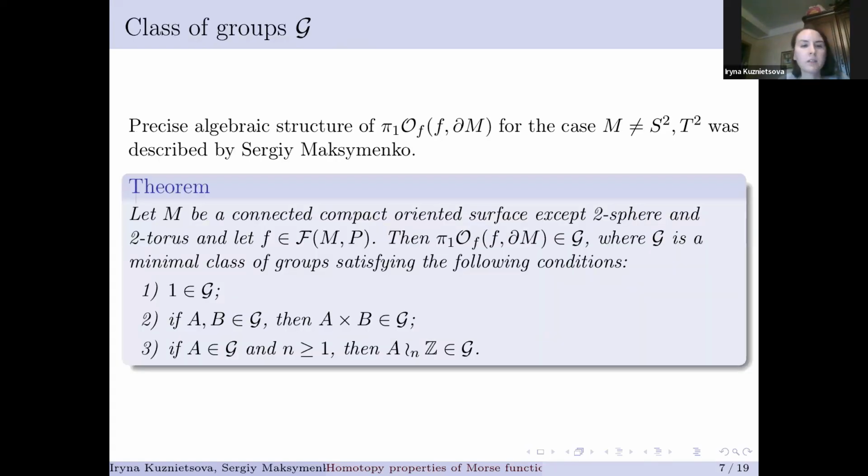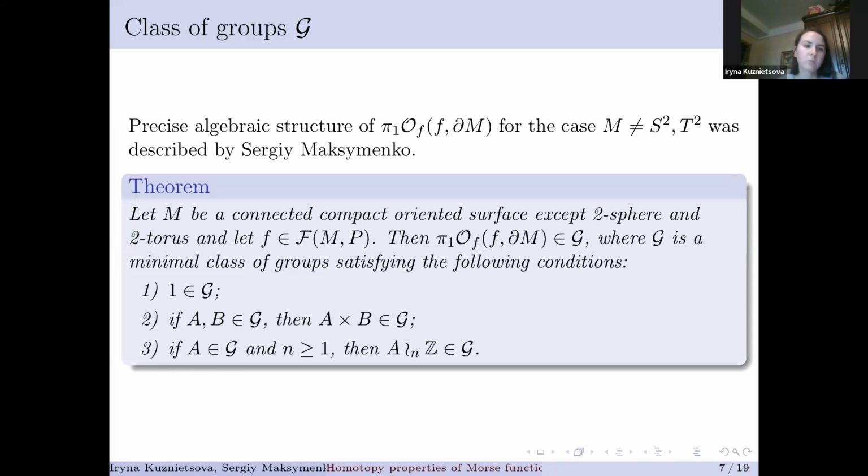So the result obtained by Maximenko was the following: the precise algebraic structure of π_1 of the orbit for the cases where the surface is not the sphere or torus. Then we have that this fundamental group belongs to the class G. And class G is the minimal class of groups satisfying the following conditions.